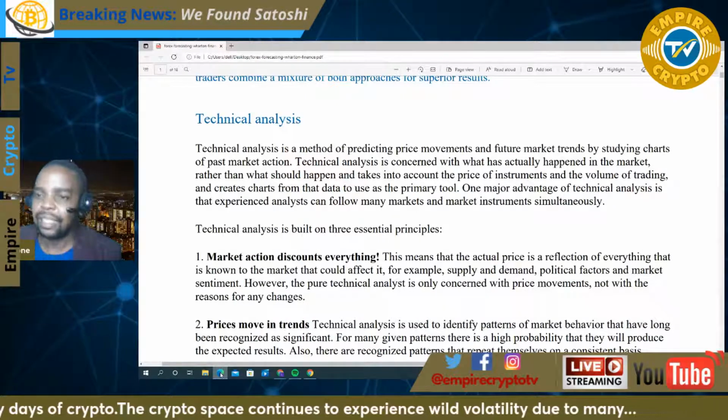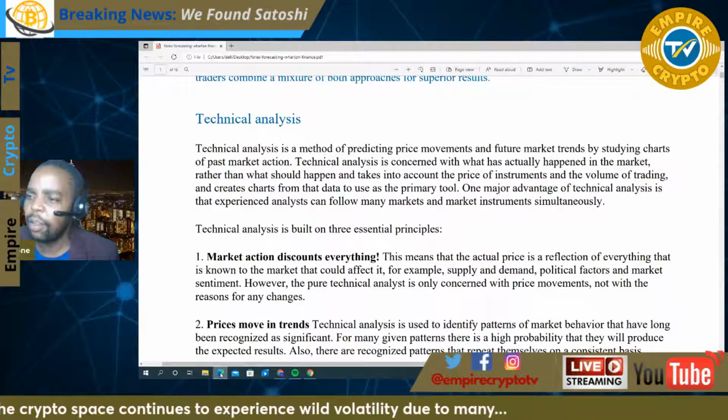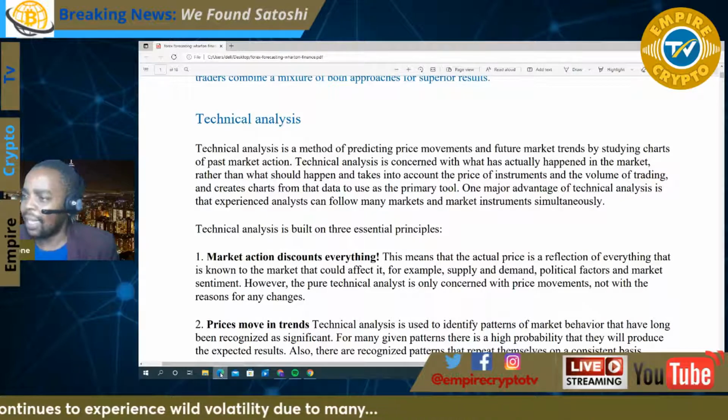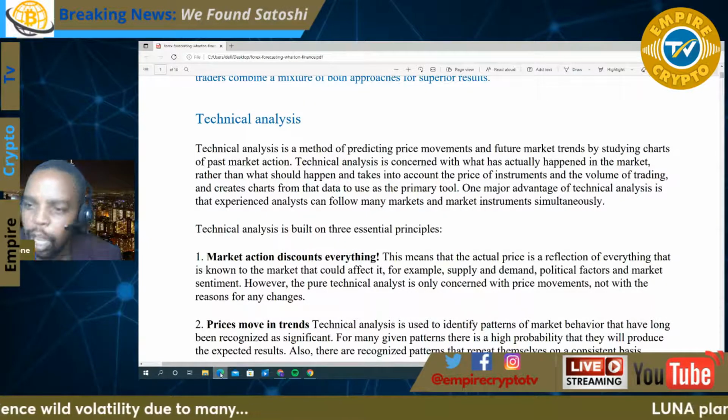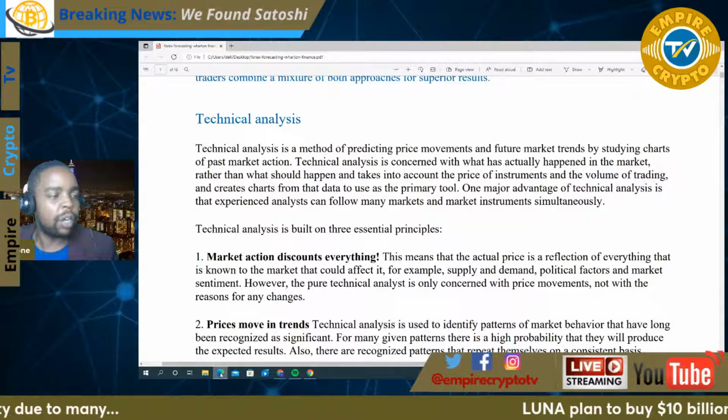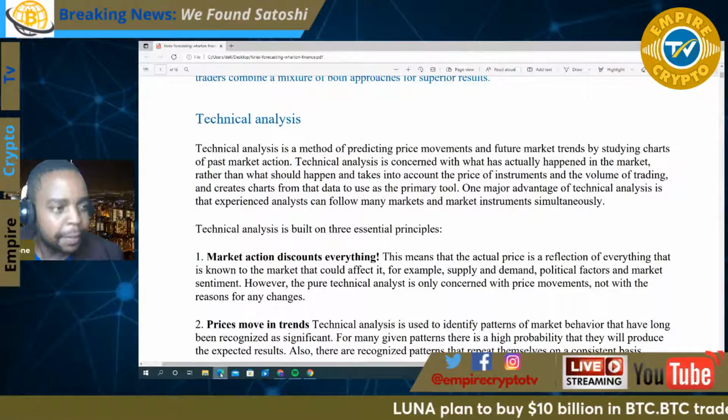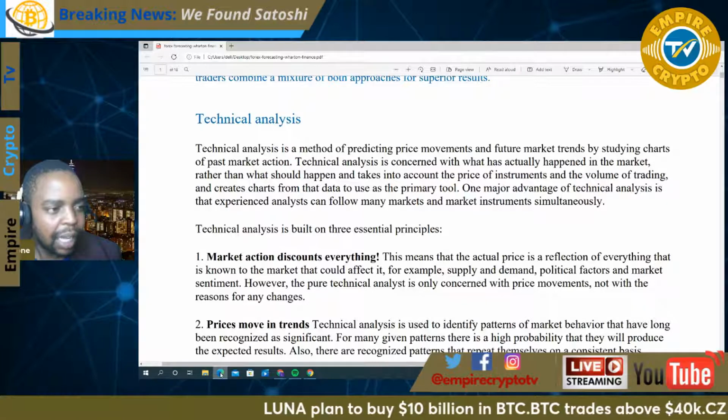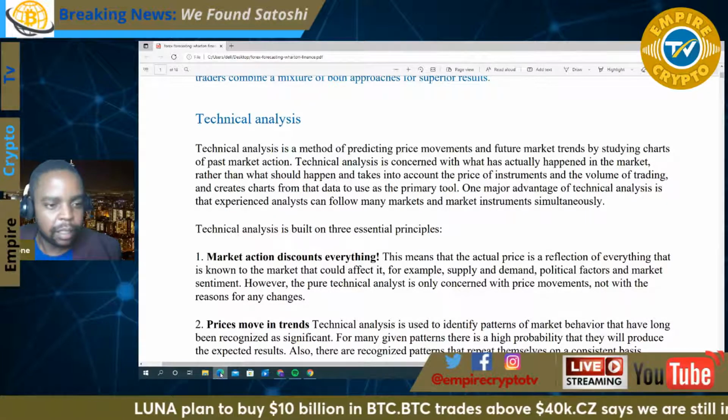Technical analysis is a method of predicting price movements and future market trends by studying charts of past market action. You can always go back with your chart. Just click and drag the chart.